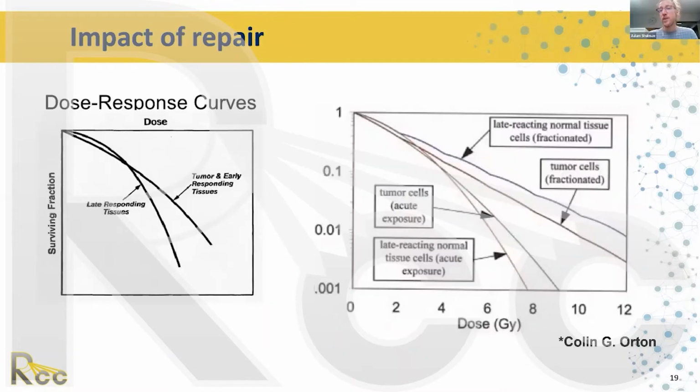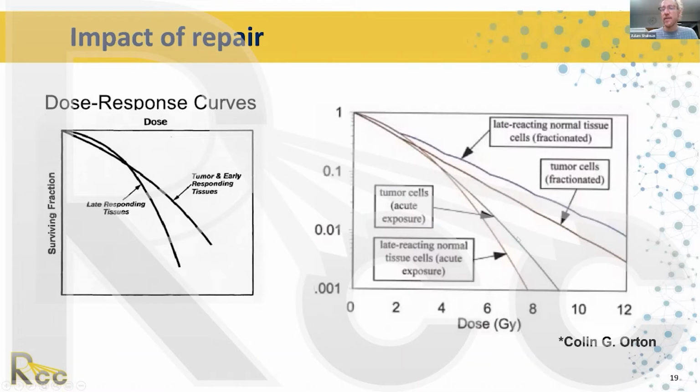The more dose that you give, the more double strand breaks you'll have. And so what we want is actually to reduce the number of double strand breaks in normal tissues. And so in normal tissues, you can see this double strand break component is really high. And so if we fractionate, then we can reduce that effect on our normal tissues.